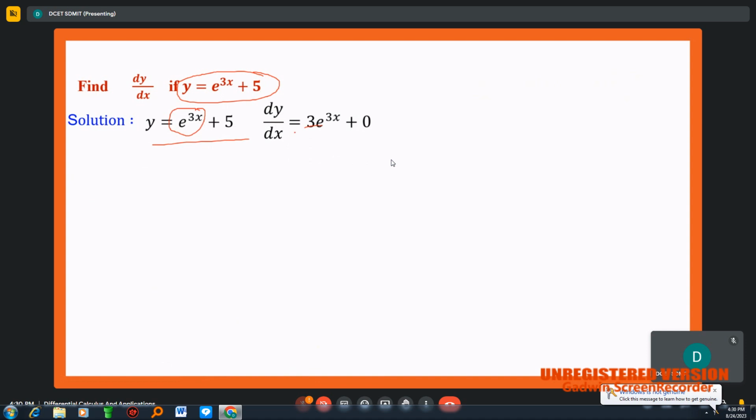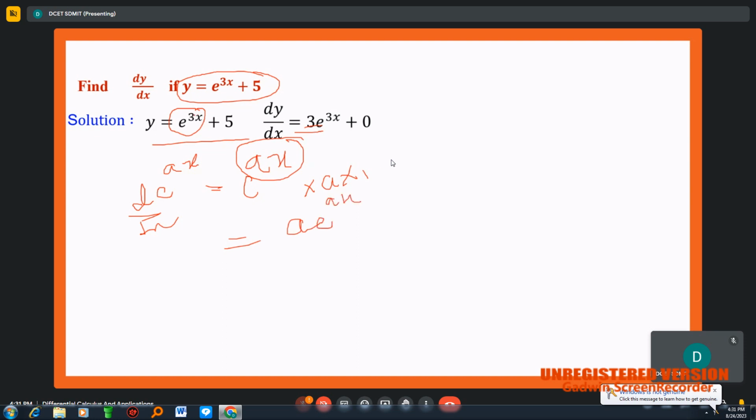What is the differentiation of e to the power of ax with respect to x? Differentiation of e to the power of ax is e to the power of ax into again the differentiation of ax with respect to x. a is constant. Differentiation of x is 1. This is nothing but a into e to the power of ax, which is the general form.